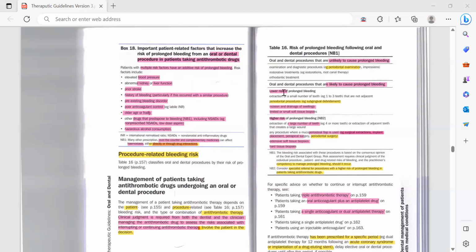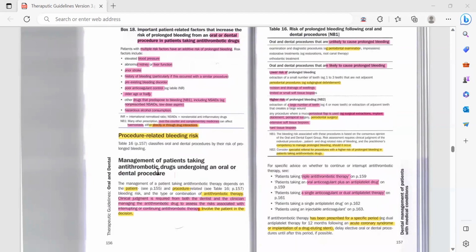So these would come under lower risk, but we need to consider other factors as well, which are present in the patient, or which type of drug he's taking, because you know that anticoagulants are more effective than the antiplatelet drugs. Management of patients taking antithrombotic drugs undergoing an oral or dental procedure.